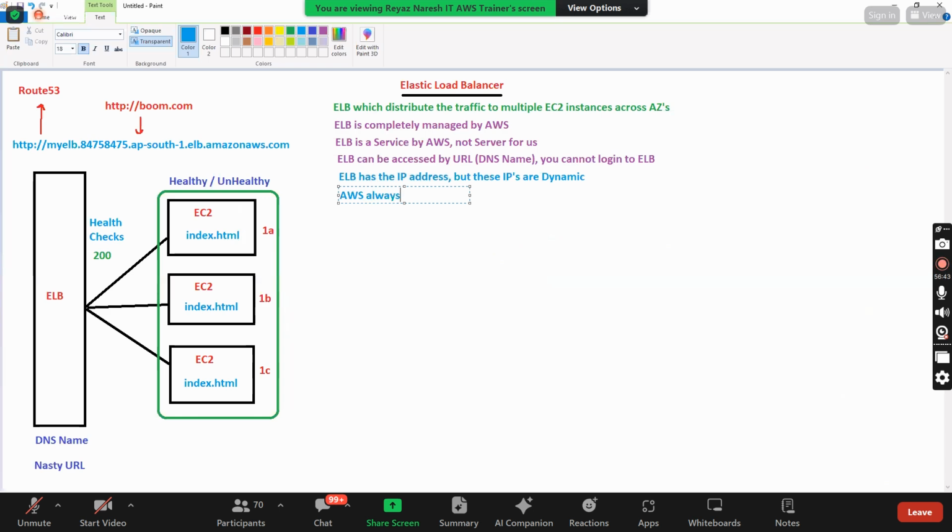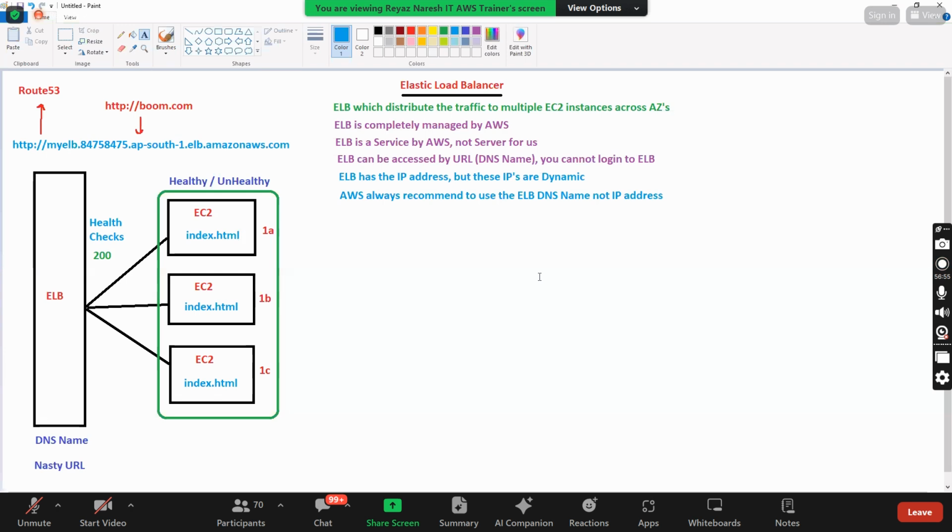AWS always recommends to use the ELB DNS name, not IP address. That's a problem. Is this clear till here, everyone?